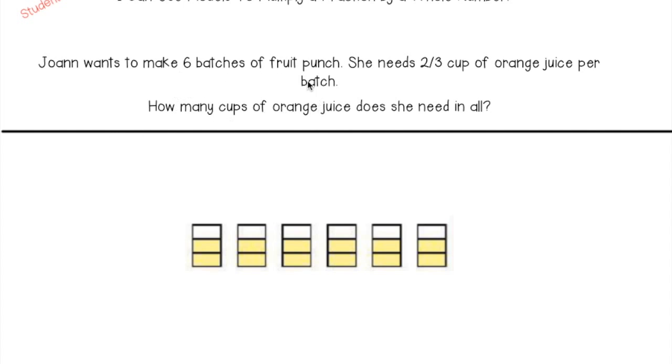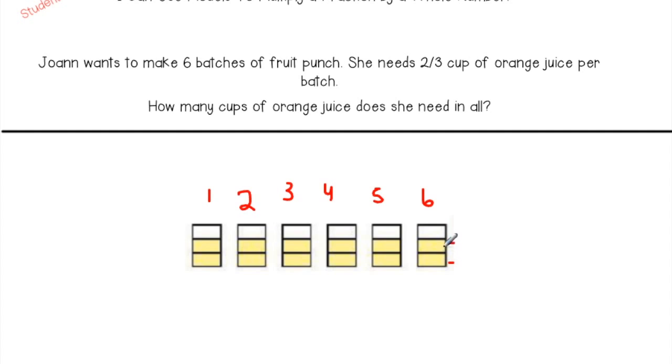Okay, so we're using models again, remember. You don't necessarily need an equation. So there's a couple ways you can solve this. You can start with repeated addition, which means that here I have 1, 2, 3, 4, 5, 6 batches of fruit punch and 2/3 cups of orange juice in each batch.